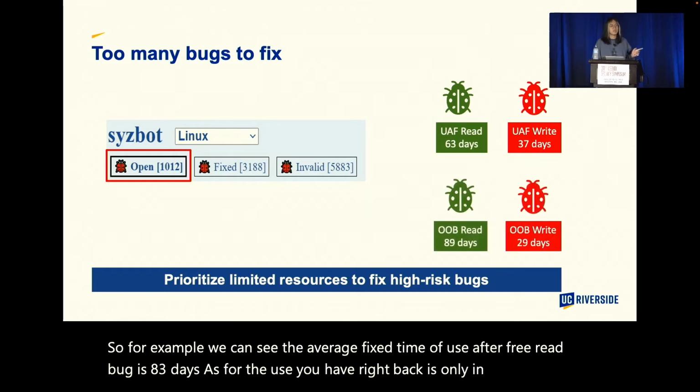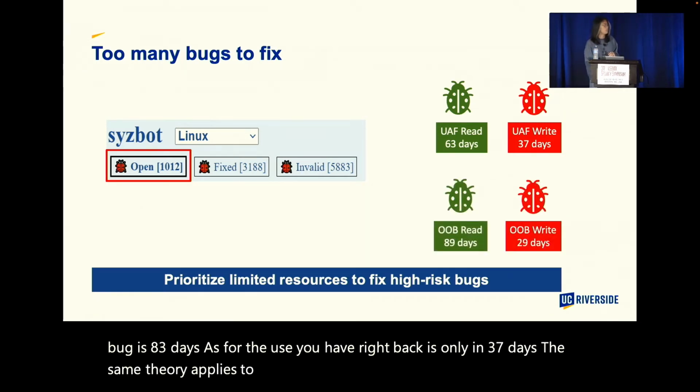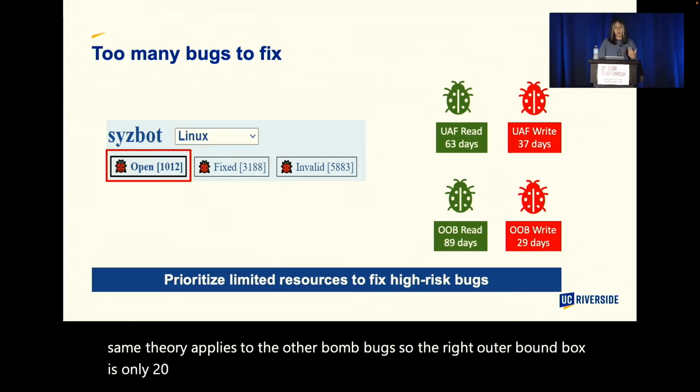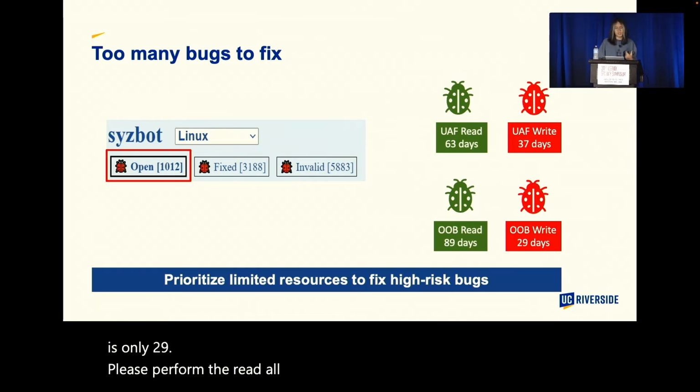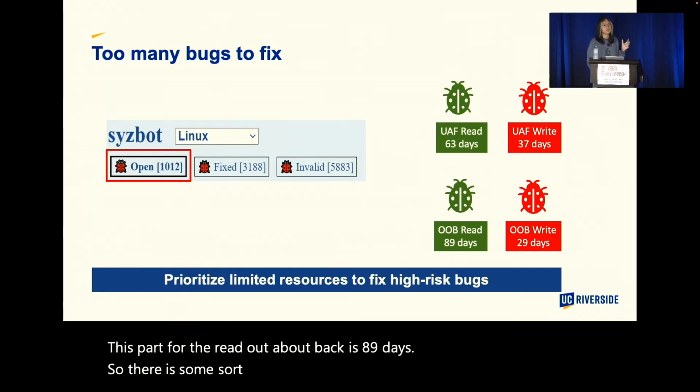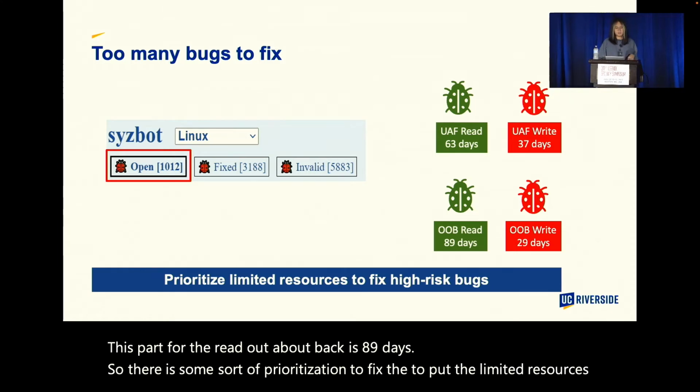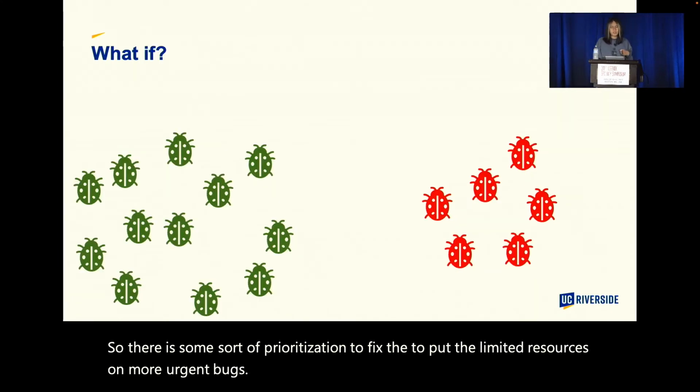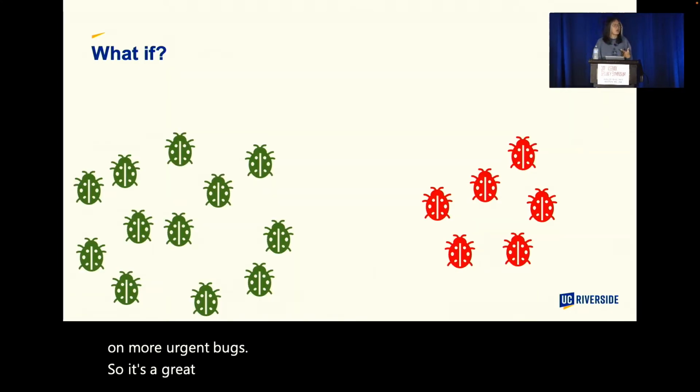The same applies to out-of-bound bugs. A write out-of-bound bug takes only 29 days, but a read out-of-bound bug takes 89 days. So there is some sort of prioritization to put limited resources on more urgent bugs. It's a great strategy for limited resources.